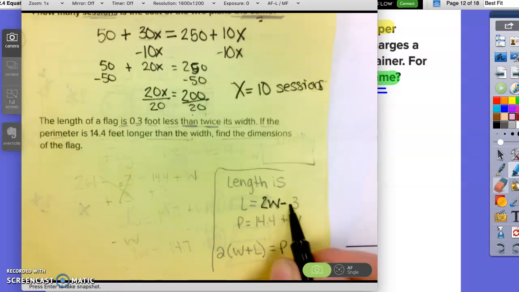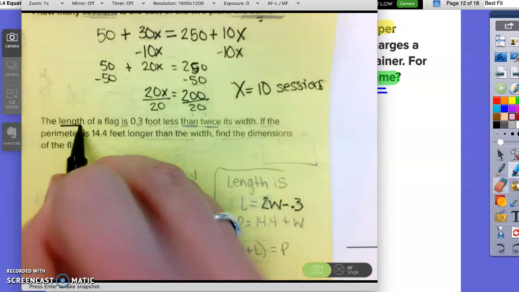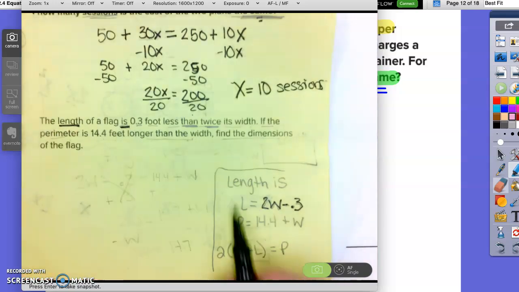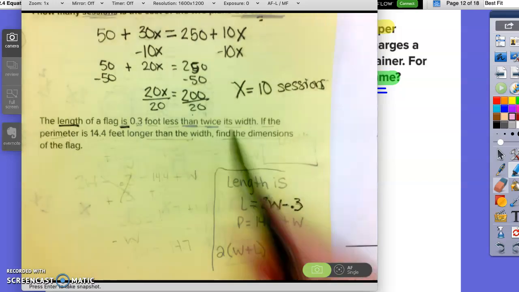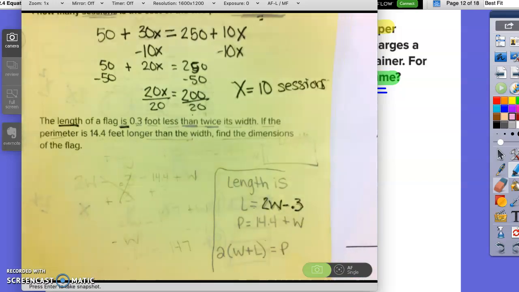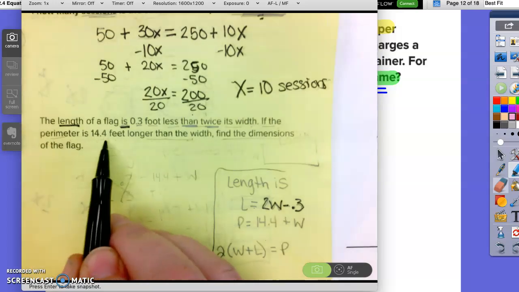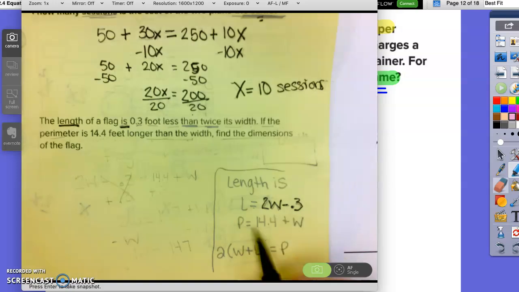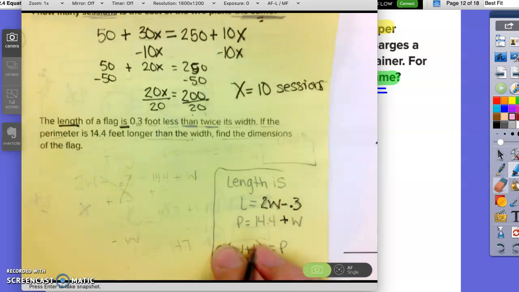And I'm going to subtract that 0.3 of a foot. And that is the length. So length, L, is equal to twice the width, and then 0.3 less than that. Okay, if the perimeter is 14.4 feet longer, so perimeter, 14.4 feet longer, so we're going to add it to the width. You need to find the dimensions.